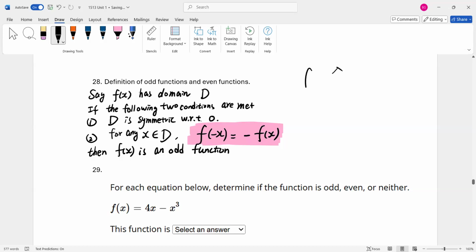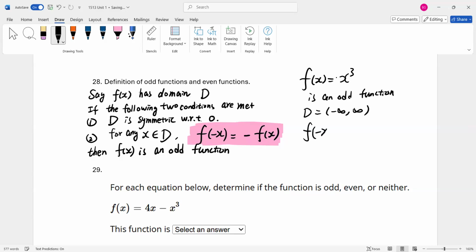And what type of function satisfies that condition? I can give you an example. F of x equals x cubed. The cubing function is an odd function, because for one, the domain is all real, negative infinity to positive infinity, symmetric with respect to 0. For two, if we find f of negative x, which is negative x to the power of 3, that gives us negative x times negative x times negative x.